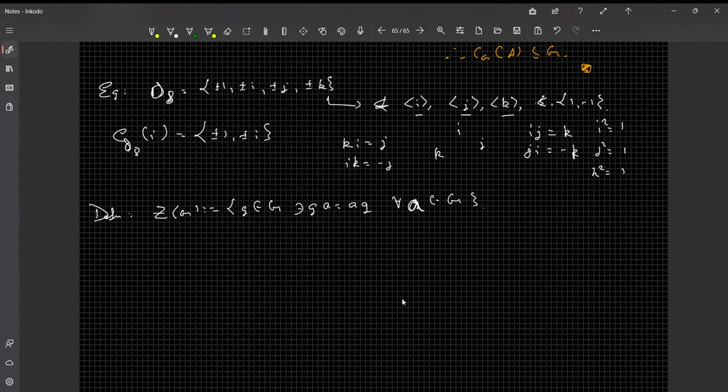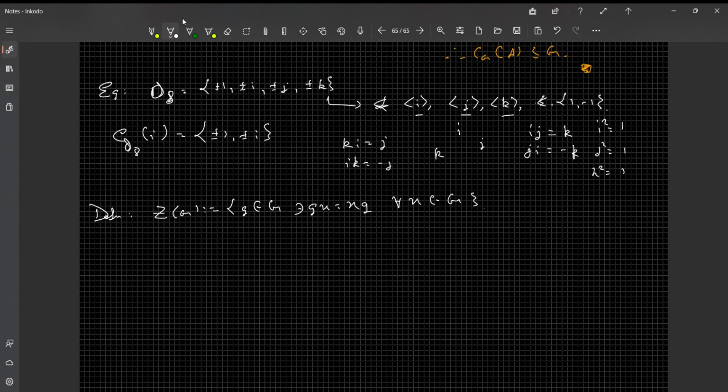Or rather, let me use a different notation because I have already used the element a for denoting the elements in the subset A. So g x equals x g for all x in G. Clear?